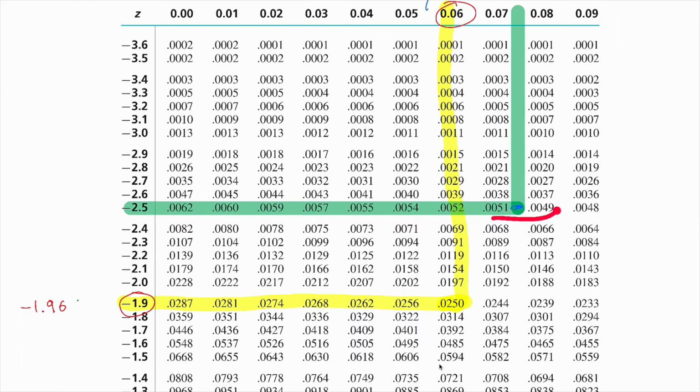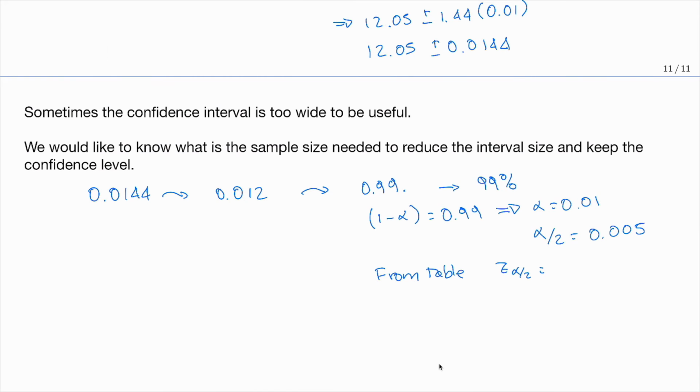It's in between these two values, so that corresponds to 2.575, or if we approximate, it will be 2.58. And remember that it's plus or minus 2.58, so the negative sign is being taken into account. So let me go back to the exercise. The z of alpha over 2 that we obtained is 2.58.